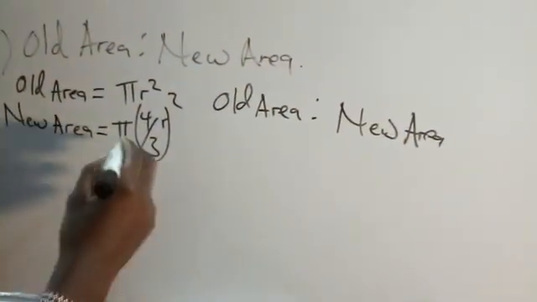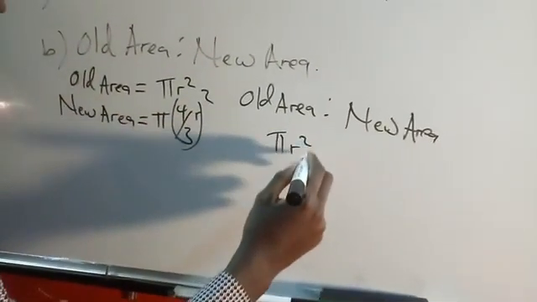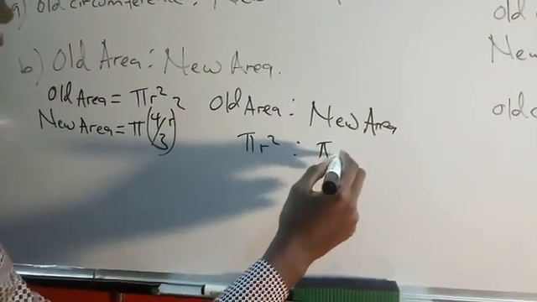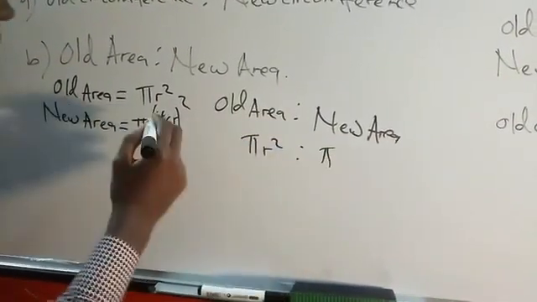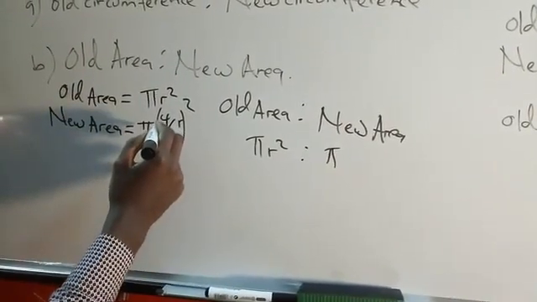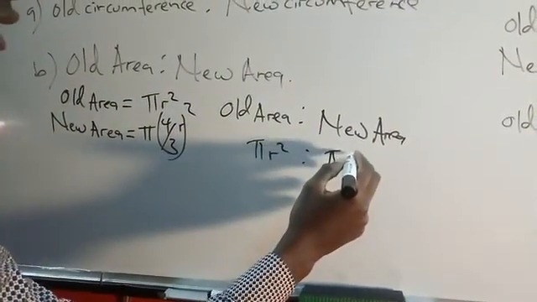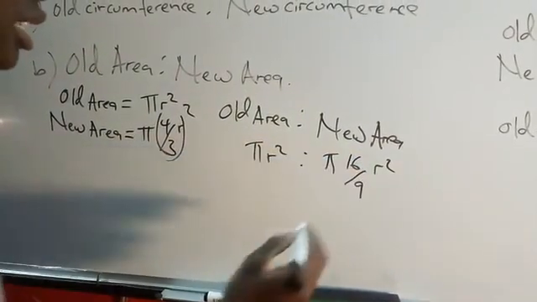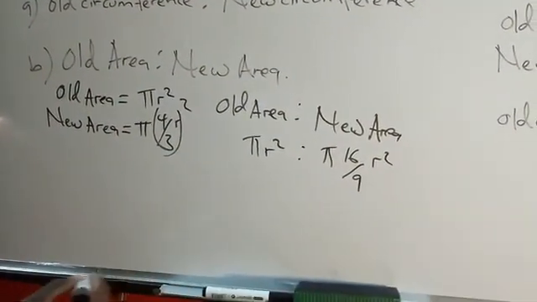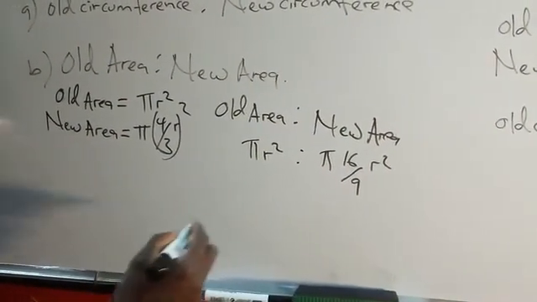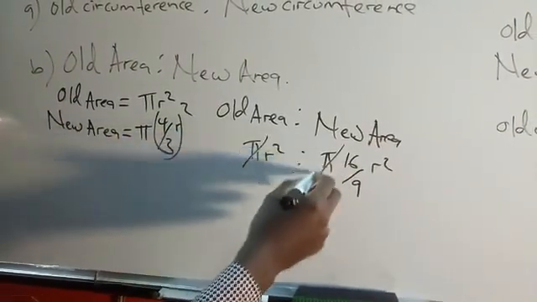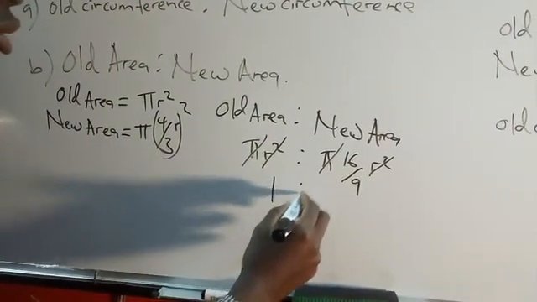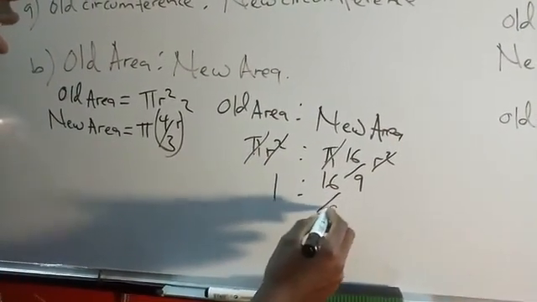Getting pi r squared to pi times 16/9 r squared, but by cancelling out the same terms, pi and r squared, it becomes 1 to 16/9.